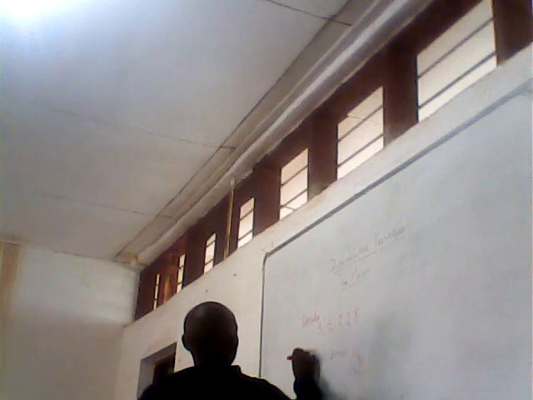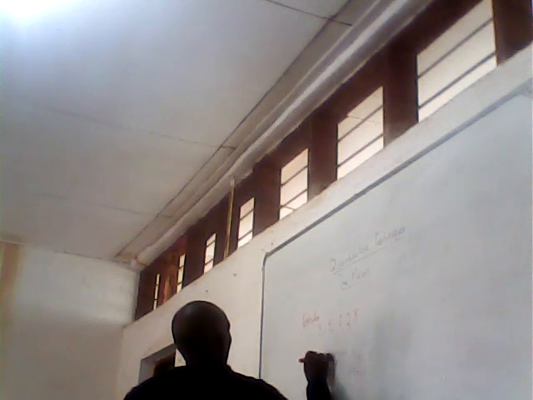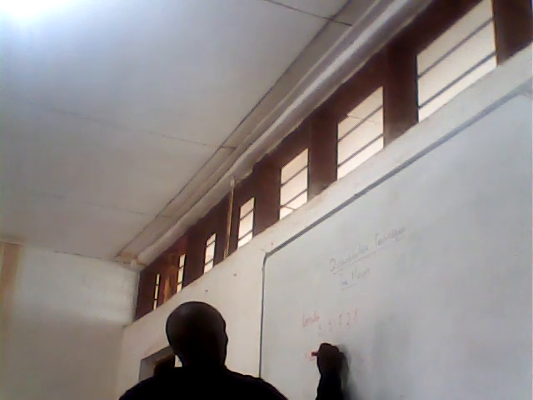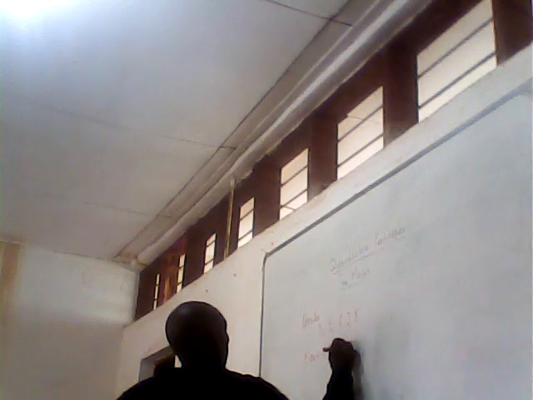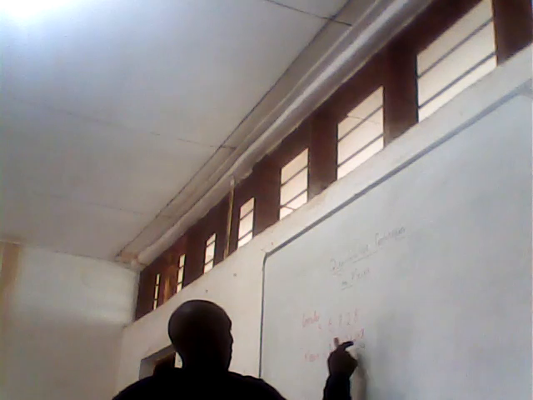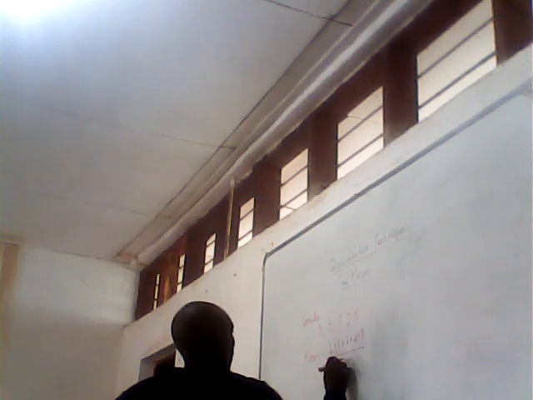The mean, which is the same as average, is equal to 3 plus 5 plus 7 plus 2 plus 8, divided by 5, the count of numbers.